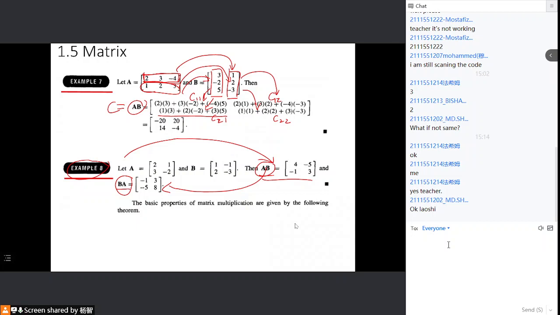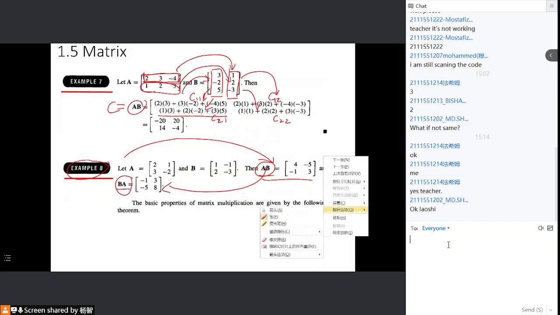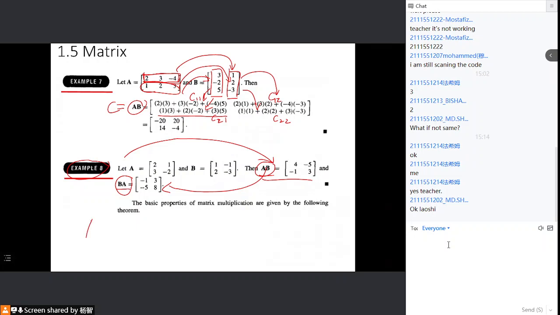All right, now we work together. How to get the product of AB?